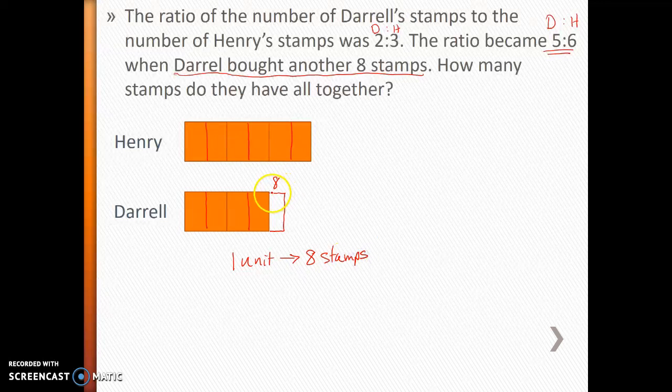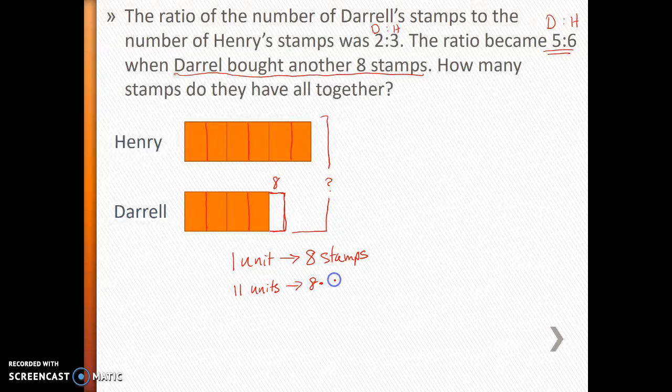This unit is the unit in the after situation. Remember we subdivided their units, so it looks a little smaller. But we want to know how many they have altogether. So there's my little model for that. I'm going to solve for 11 units.